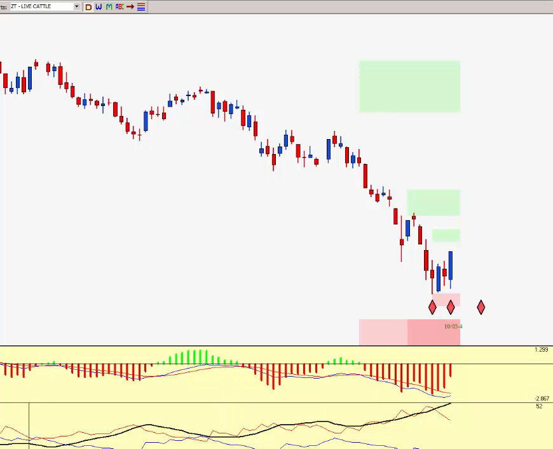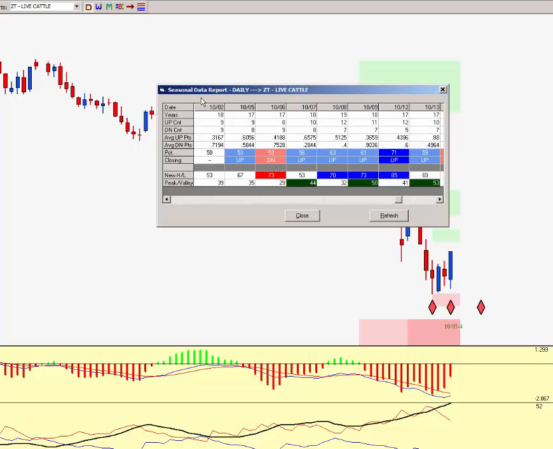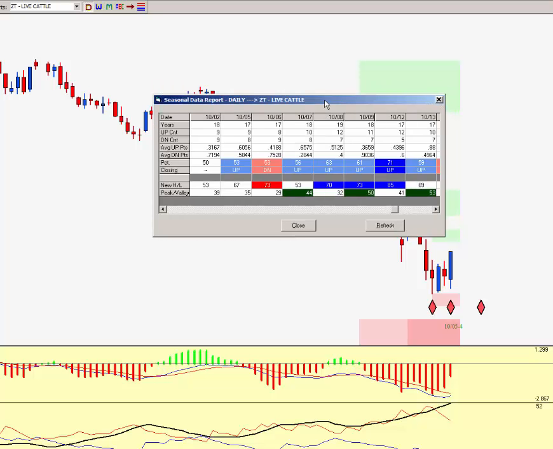Now I want to show you another tool that I use. This is Provisions charting software, which is provided to our premium members for free, as long as they're active members. And here's another tool, called the Seasonal Data Report. Basically, this thing is a gold mine in itself, and it's only one of several really cool tools that we use here.